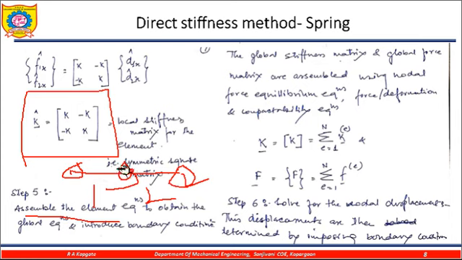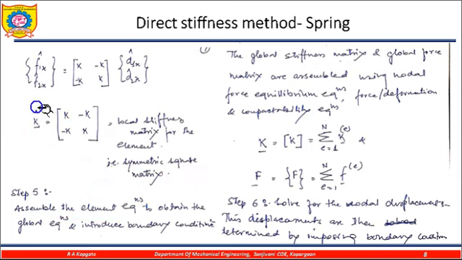I need to find the stiffness matrix k1 for element 1, and in a similar way the element stiffness matrix for element 2.